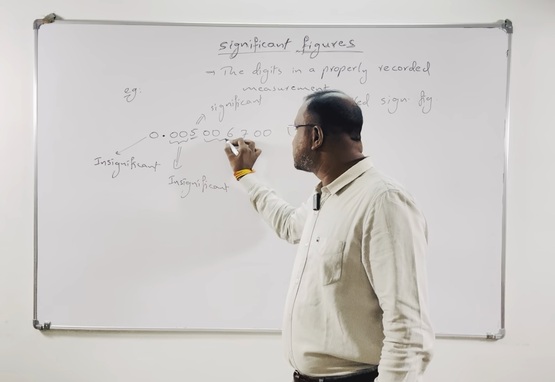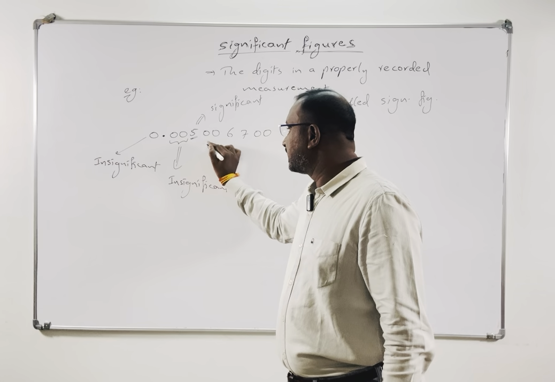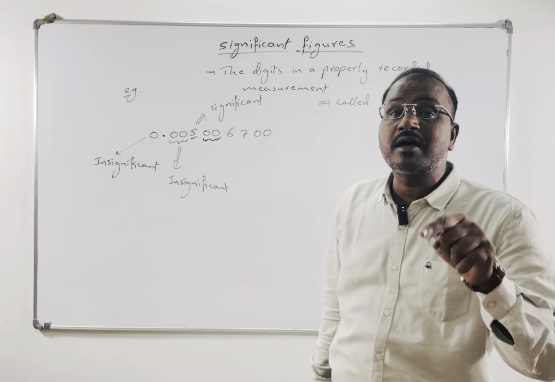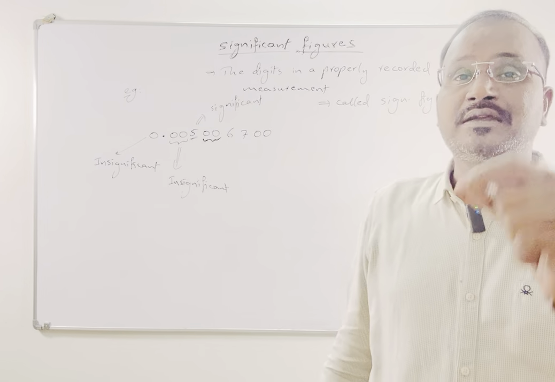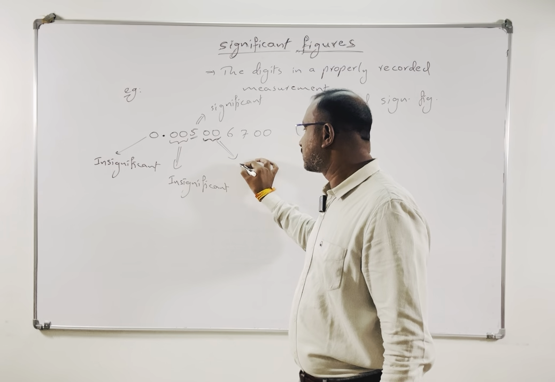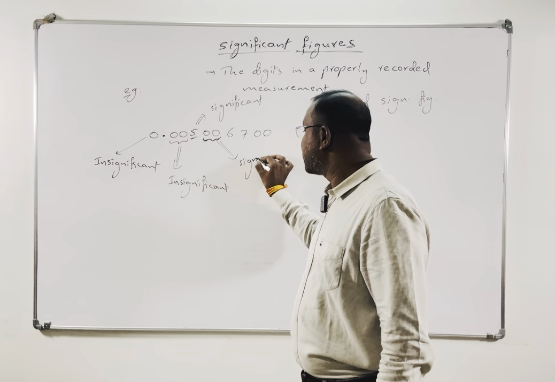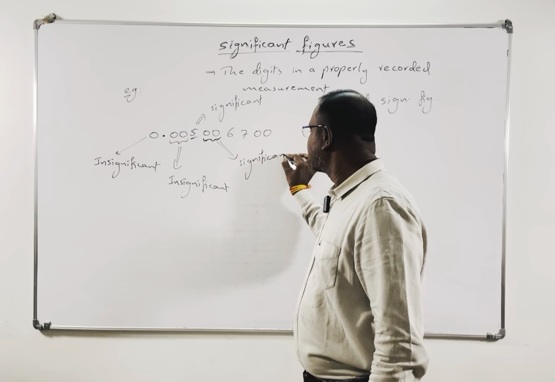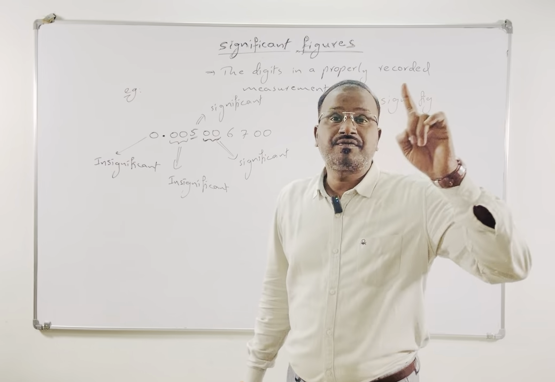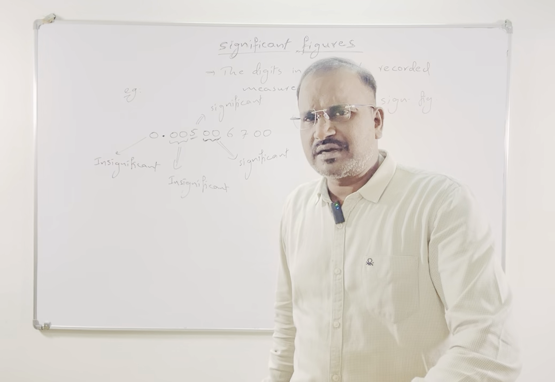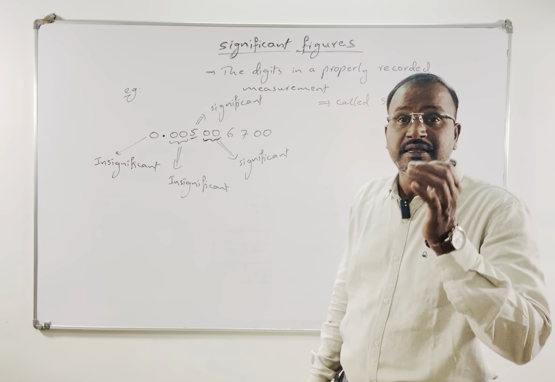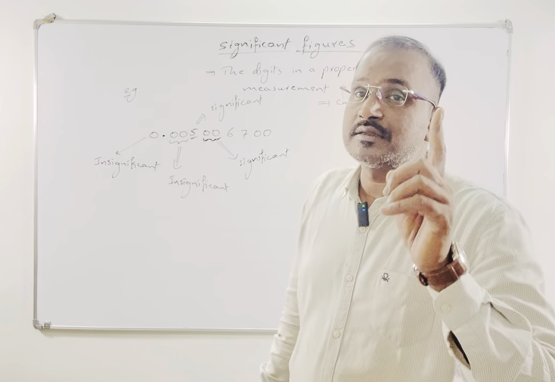And these zeros, please be careful, these zeros which are present after a non-zero digit, means after a significant digit, we have to consider as significant. These are not insignificant, please. If zeros are there after a non-zero, before or after the decimal point, they are also significant.